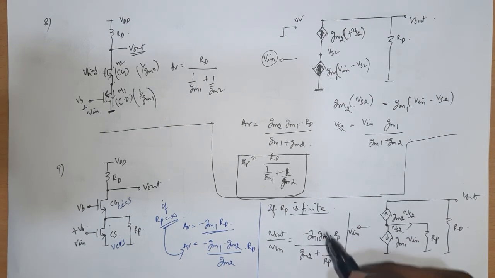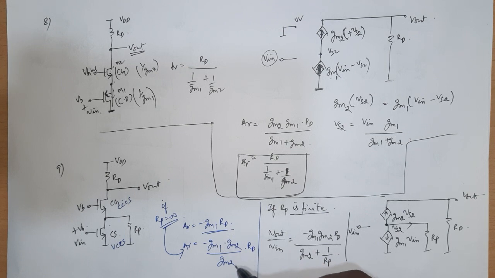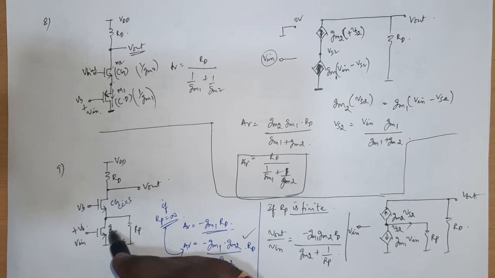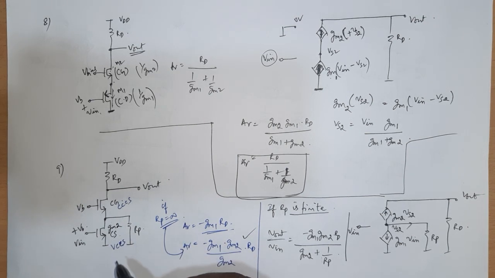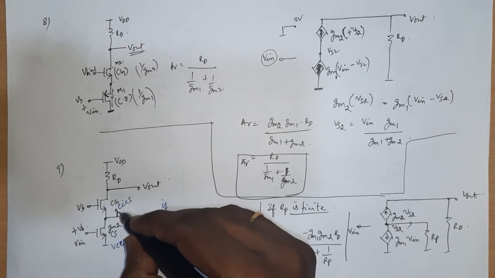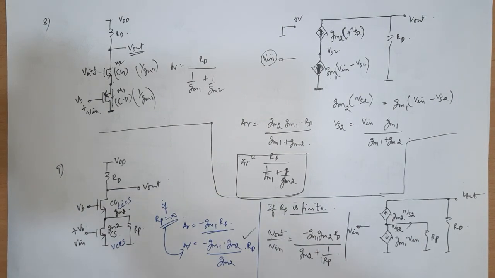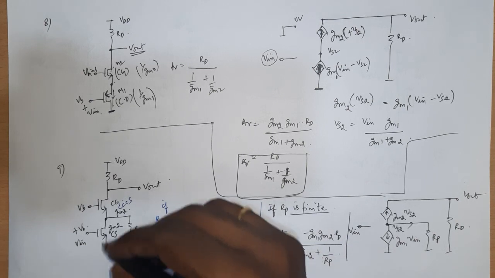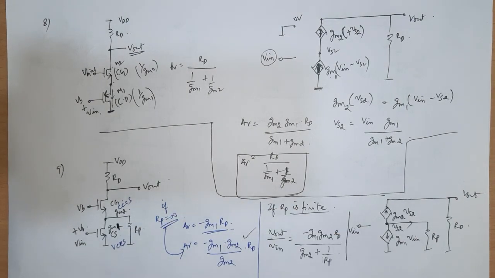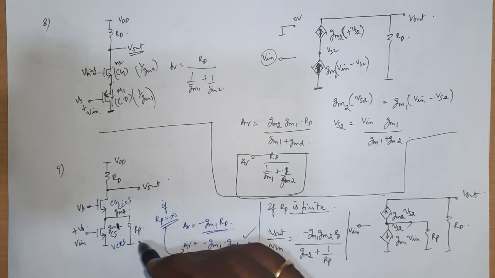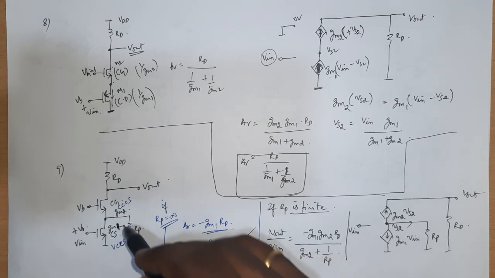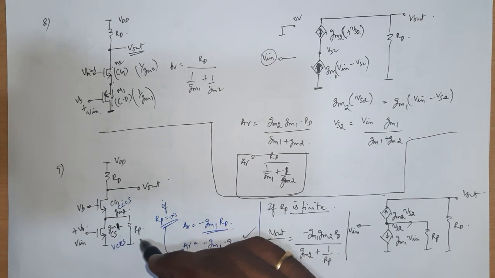Okay, so you see, if RP was not there, this is the expression. If RP is there, I have 1 over RP being added. Essentially, this one has a transconductance of gm2, and this one has a transconductance of gm1. So you had this gm2 in the denominator here. Now along with the gm2, I have 1 over RP being added in parallel.